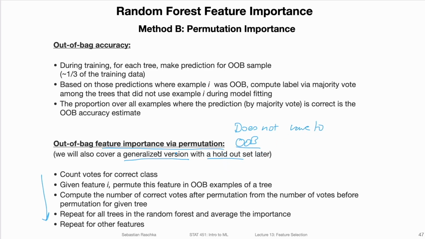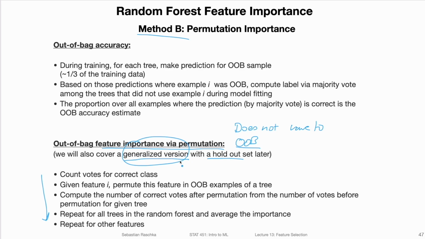So if this is a little bit short and complicated, don't worry so much about it, because first of all, this method B is not used in scikit-learn anyway. Later we will see a generalized version, which is more popular in practice because we can use it for any type of method. And I will also have more visualizations later to make this more clear.